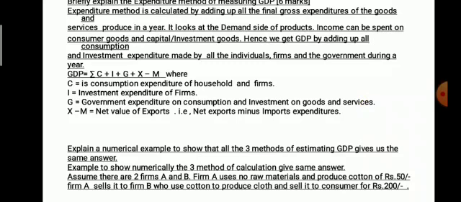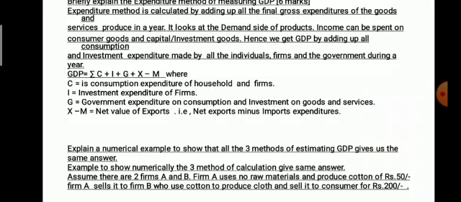Consumers do expenditure on purchasing goods and services. Even firms do investments and expenditure on producing goods and services. So C stands for consumption expenditure of households and firms. I stands for investment expenditure of the firms. Then G stands for government expenditure on consumption and investment on goods and services.